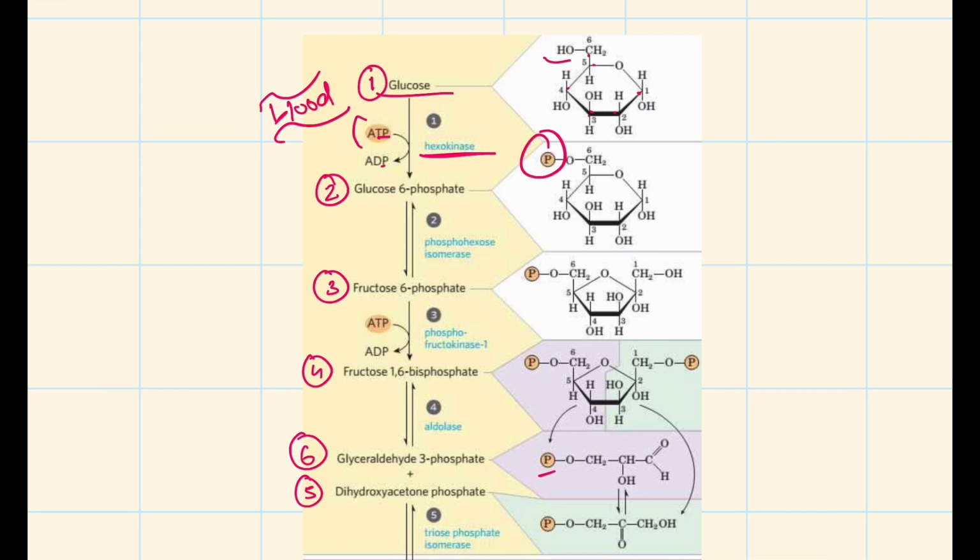So ATP is losing a phosphate group and becoming ADP, and glucose is gaining a phosphate group and becoming G6P. This effectively traps the glucose molecule within the cell. This step is also irreversible, so that is something you should note down.